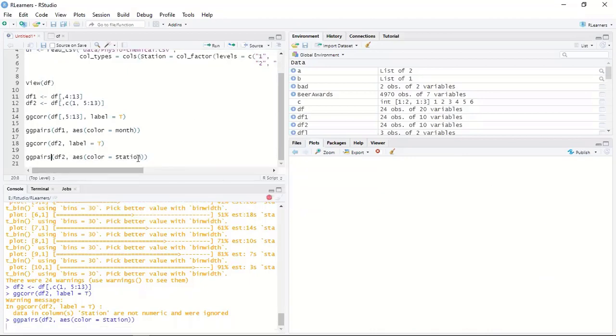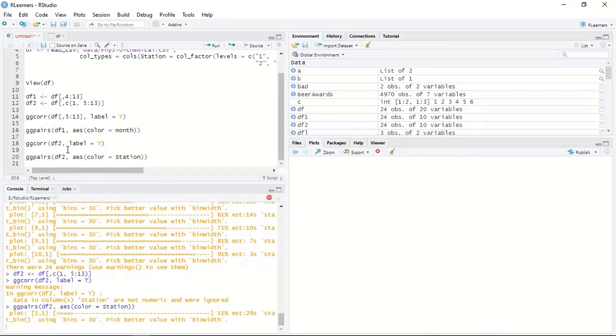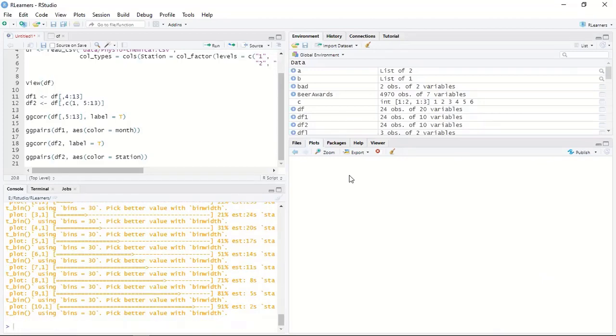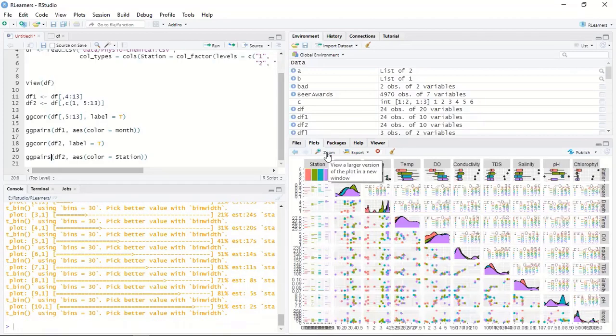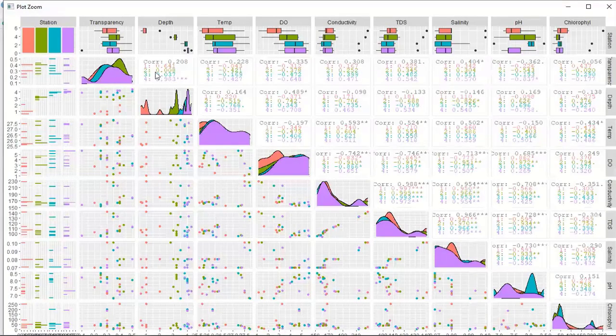In this case, we want to do a correlation for each of the stations. Okay, let's see this. So this is according to the stations: Station 1, Station 2, Station 3, Station 4. So 0.641008, so it gives you the correlation for each of the stations.